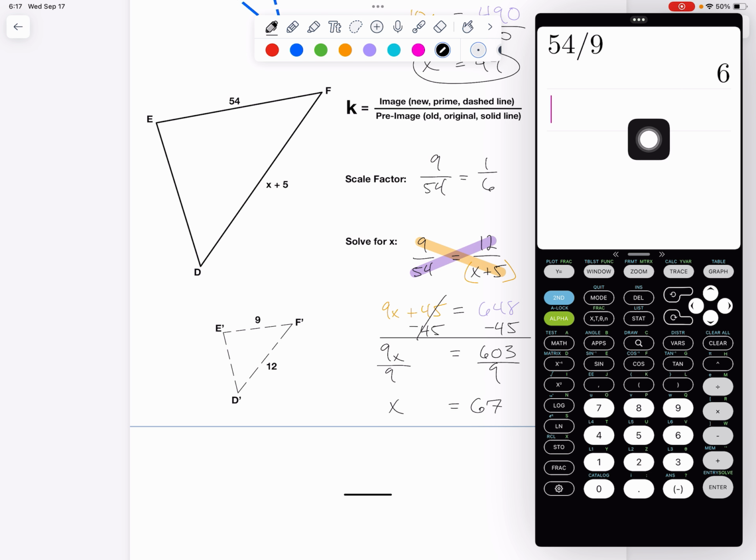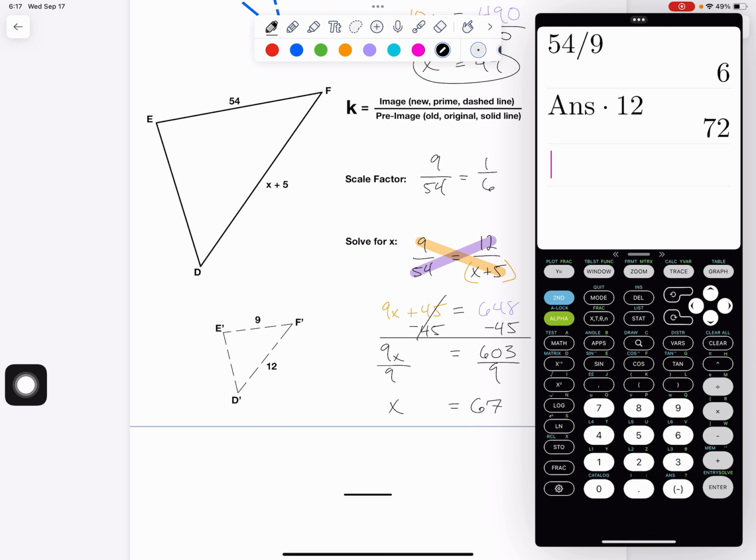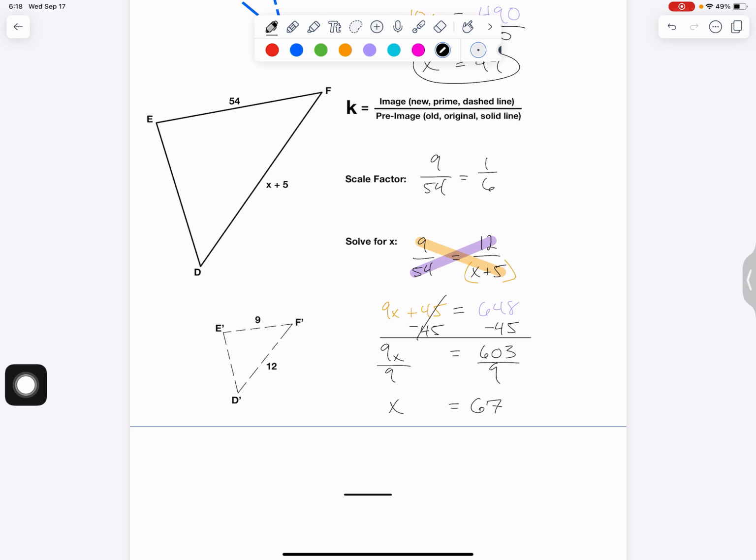Okay, well, 6 times 12 equals 72. Oh, but it was plus 5. Well, guess what? 72 minus our 5, if we did the opposite, would give us 67. But that's for a whole other lesson. So let's stick with this.